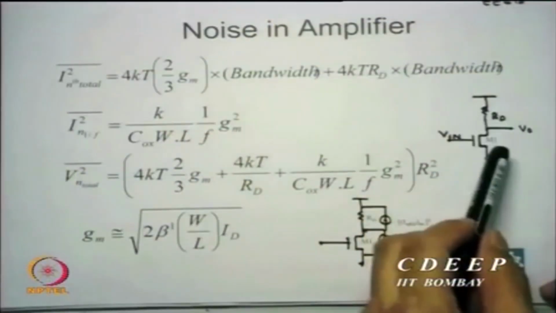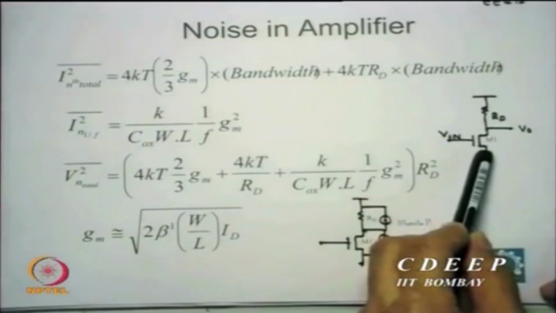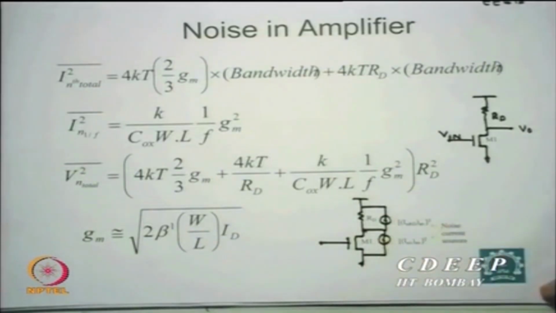Do not look too much into the expressions, which we will anyway derive later. Here is a small amplifier shown here. The idea why I wrote those expressions is to explain this figure. Each resistor, or a device which in a way is also a resistor, contributes to the noise, and it gives equivalent current sources across each of them. So for RD there will be an i_n RD average square current shown here, and this is i_n device average square.